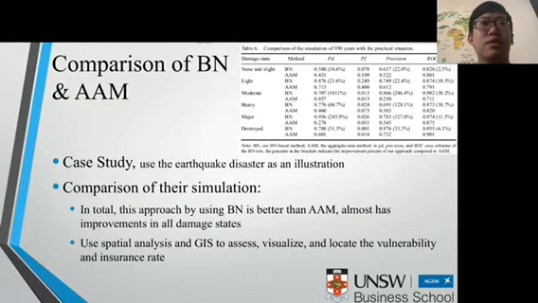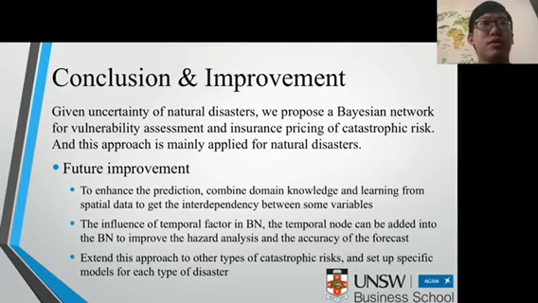And by using this approach, we can take advantage of spatial analysis and GIS to assess, visualize, and locate the vulnerability and insurance rate. In conclusion, with given uncertainty of natural disasters, we can propose a Bayesian network for vulnerability assessment and insurance pricing of catastrophic risk.